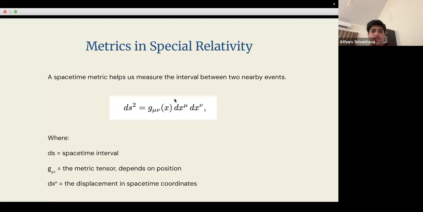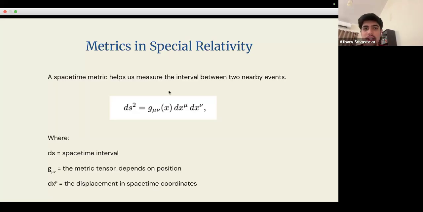Metrics in special relativity can help us measure the interval between two nearby events. As you would know, in special relativity, the distance measured between two events and the time measured between two events can vary depending upon the observer, but the interval between the two events is constant.